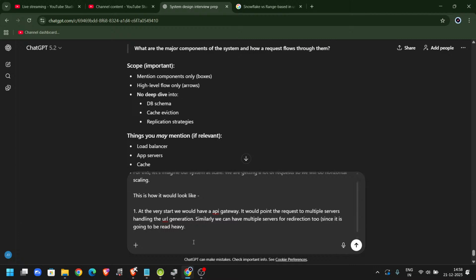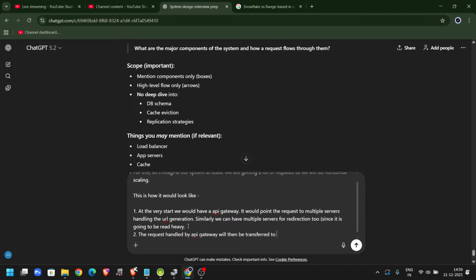The request handled by API gateway will then be transferred to... wait, will API gateway come first or a load balancer?